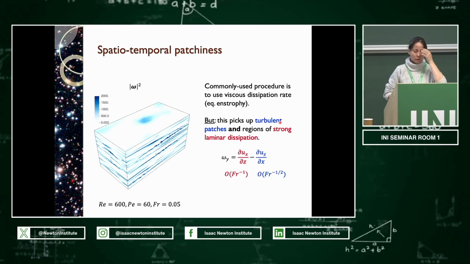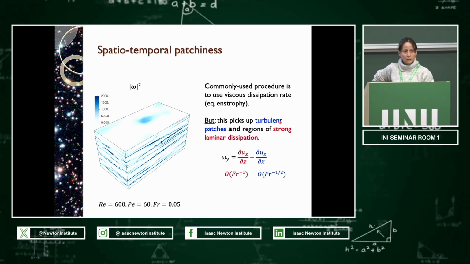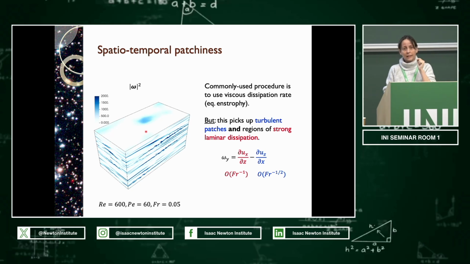When you talk to people who do stratified turbulence, or turbulence in general, they will tell you turbulence is regions of high entropy. So here is the entropy. I'm showing you the same or a very similar simulation as before. And it's immediately clear that the entropy is not a good metric, because the entropy picks up these very laminar regions right here.